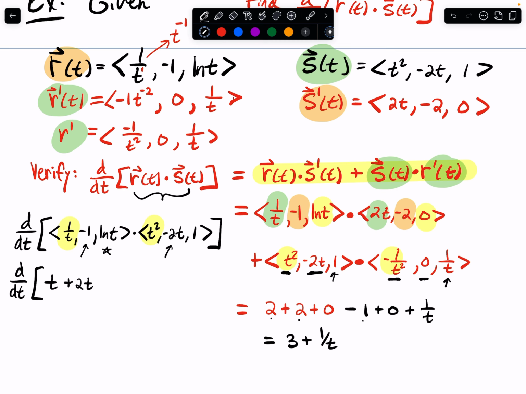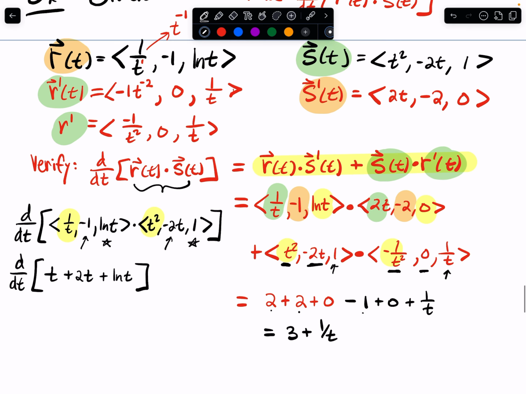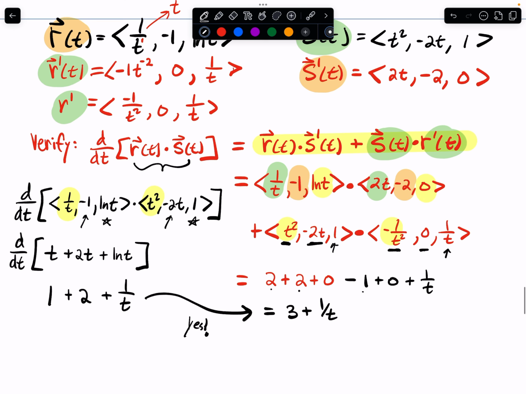And then ln t times 1, that's ln t. Okay, then I take the derivative of this, derivative of that is 1, plus derivative of this is 2, plus derivative of this is 1 over t. So does that equal that right there? Yes. That's what I mean by verify. Okay, so you do the left side, you do the right side. Okay?